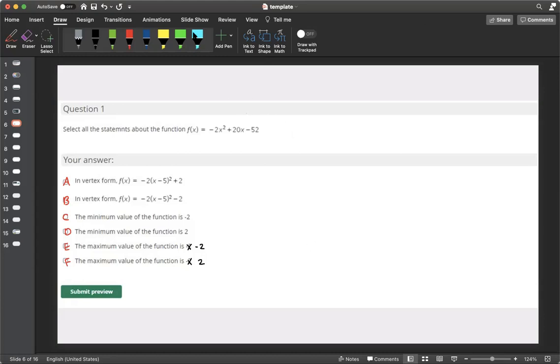So the first thing that I want you to do is we notice that this is in standard form and we need to convert to vertex form.